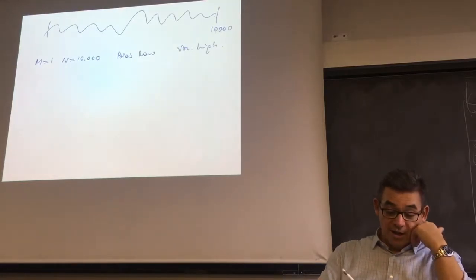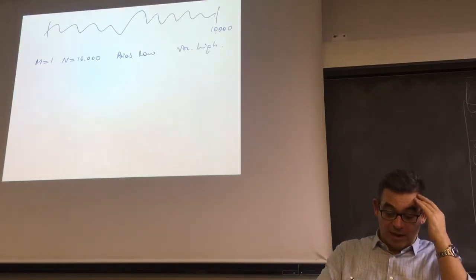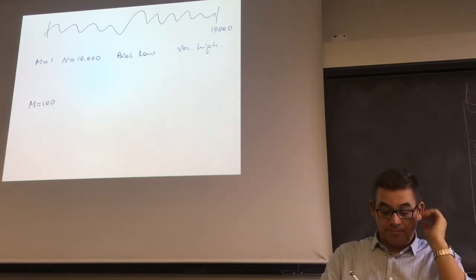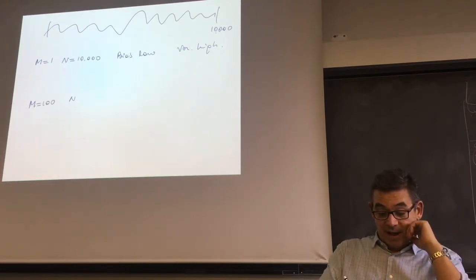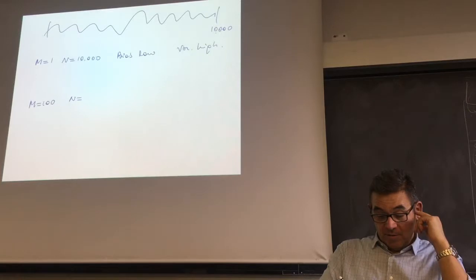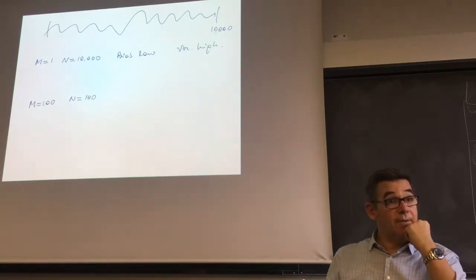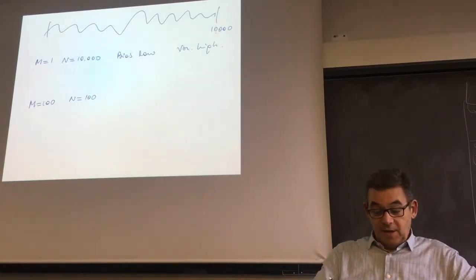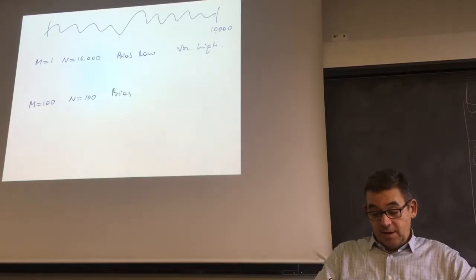Now, in the other case, I can choose, I don't know, N equal 100. Okay? So what happens here? The bias is high and the variance is low.